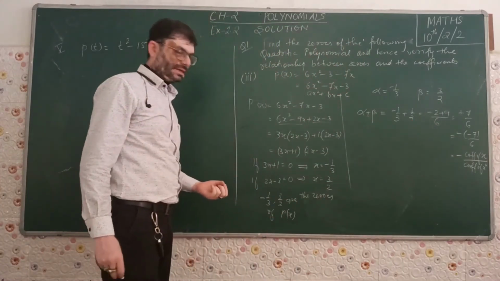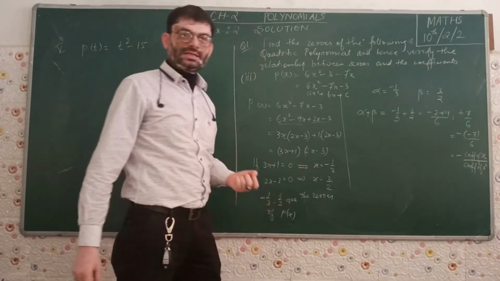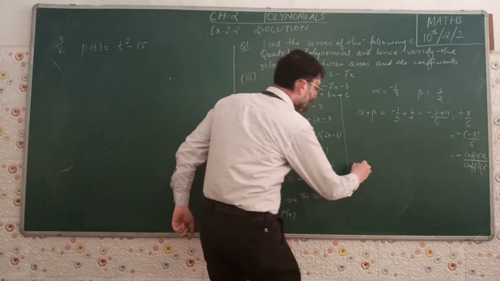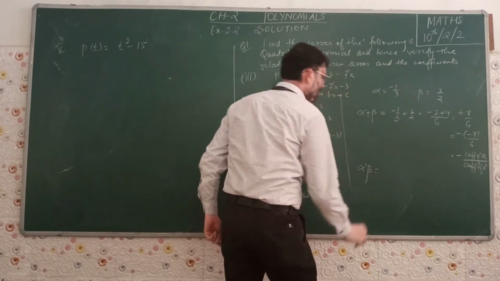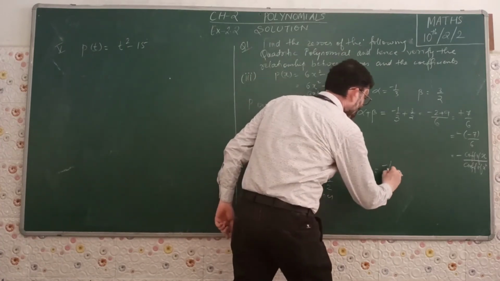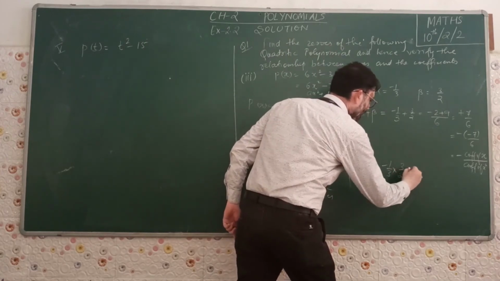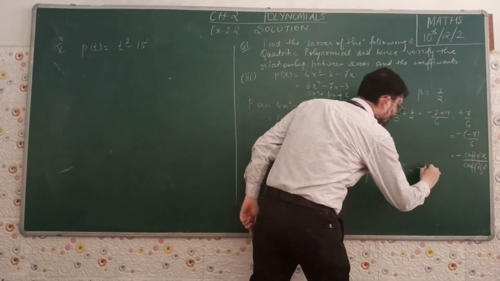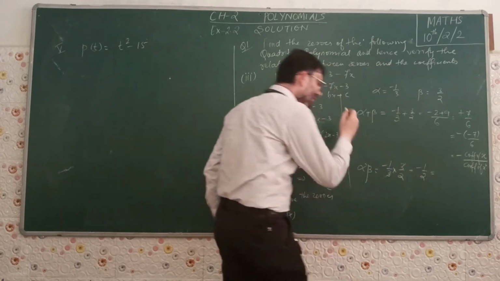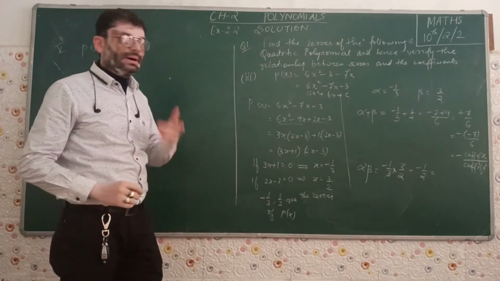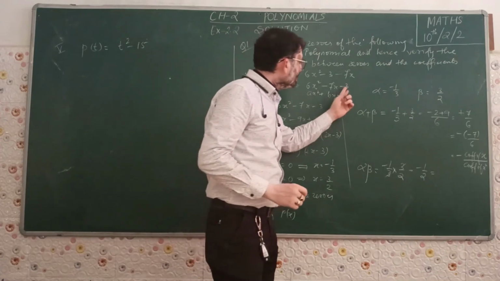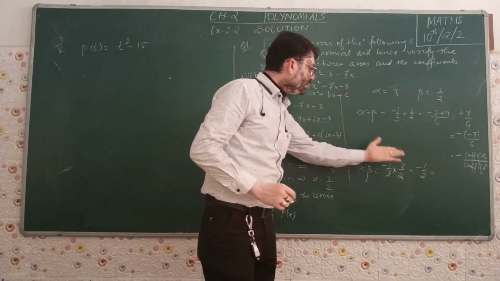Now we will be moving on to the next, the product of the zeros, that is alpha into beta. So alpha was minus 1 upon 3 into 3 upon 2. If you solve it, this is cancelled, this is minus 1 upon 2. And we need it in the form of c by a. What is c here? This is minus 3, but we don't have minus 3 there.